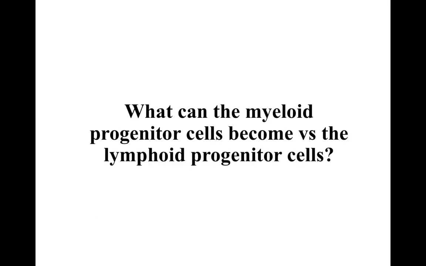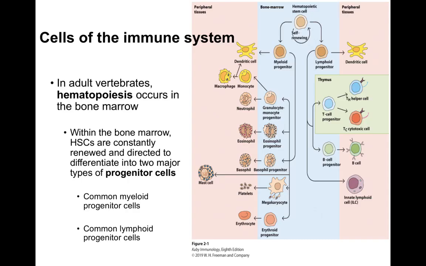What can the myeloid progenitor cells become versus the lymphoid progenitor cells? So if we look at this kind of tree of where the immune system cells come from, that hematopoietic stem cell can become a myeloid progenitor or a lymphoid progenitor.